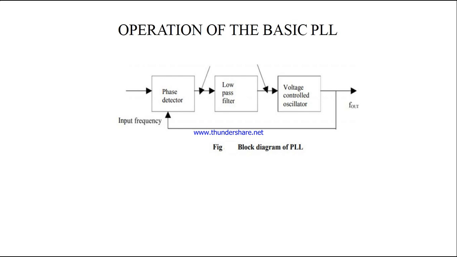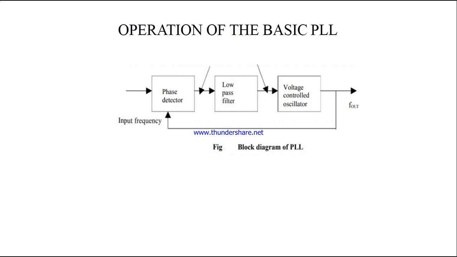Once this action starts, we say that the signal is in the capture range, and the VCO continues to change frequency until its output frequency is exactly the same as the input signal frequency. The circuit is then said to be locked, and once locked, the output frequency F0 of the VCO is identical to Fs except for a finite phase difference phi.